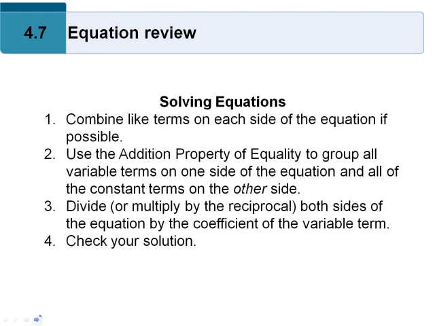Then you use the addition property of equality to get all of your variable terms on one side, very important, and the constant terms, those are your numbers, on the other side. You want to keep the equation balanced. In your last step, you divide by the coefficient, or in the case of a fraction, you use the reciprocal, to eliminate the coefficient of the variable term. And then you can check your solution.